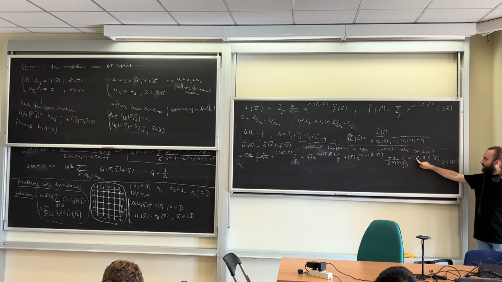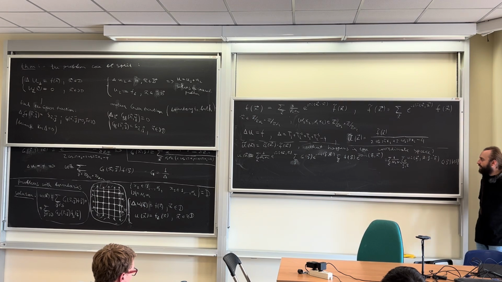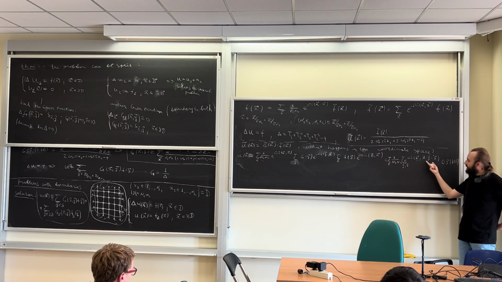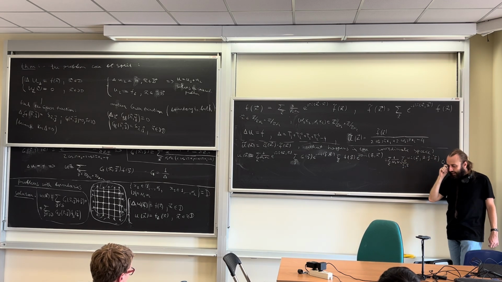This exponential is the only place where this vector k appears. It survives only when x is equal to y plus z. Yes, precisely. Because otherwise, the sum is just 1, and we take it n1 times n2 times.